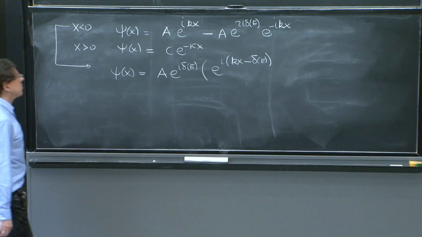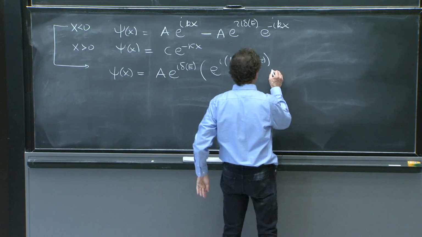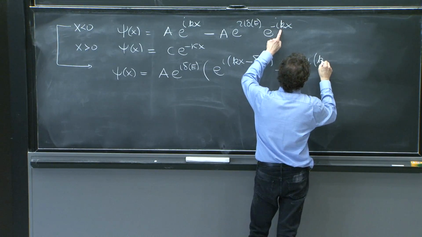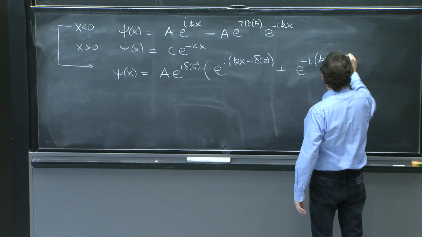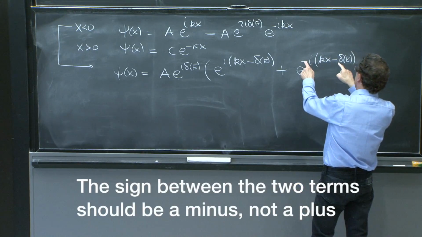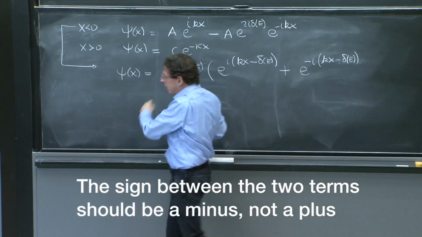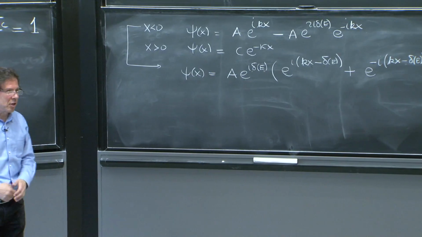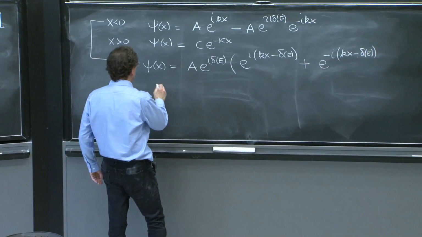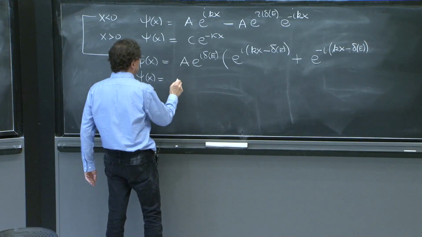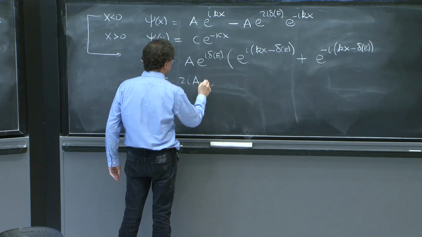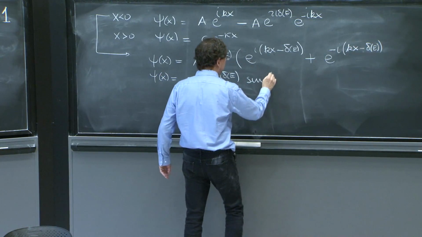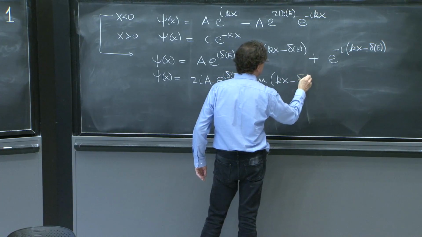The second term will have the same argument in the exponential, but with a minus sign, minus I kx minus delta of e. This time, minus and minus gives you plus, and the other e to the I delta gives you back the 2. Now you've created a trigonometric function, which is simpler to work with. So psi of x is equal to 2ia e to the I delta of e sine of kx minus delta of e.